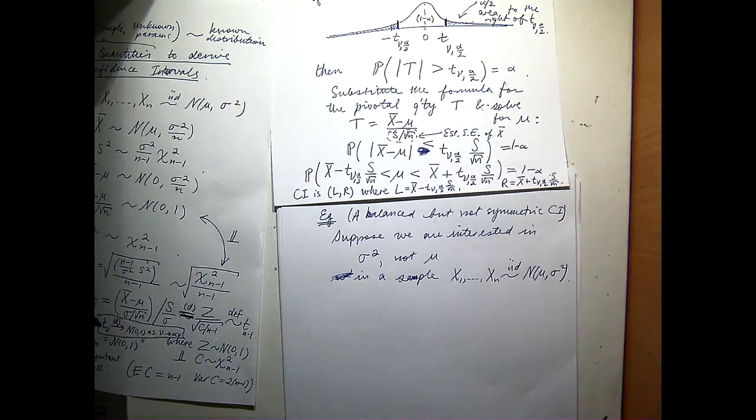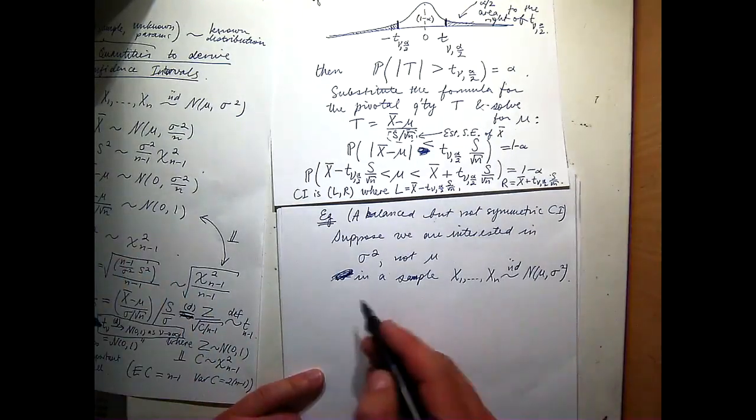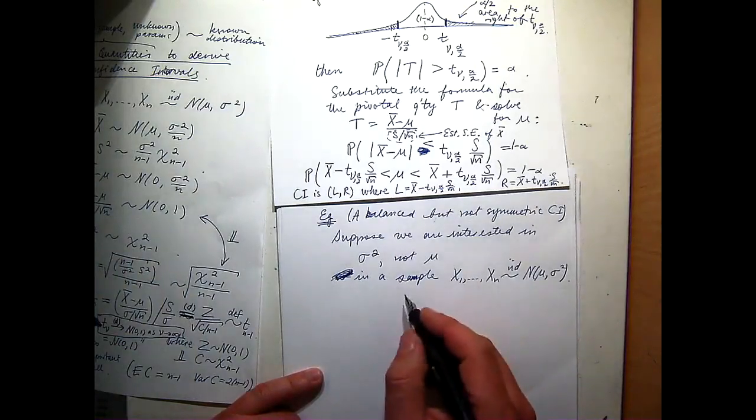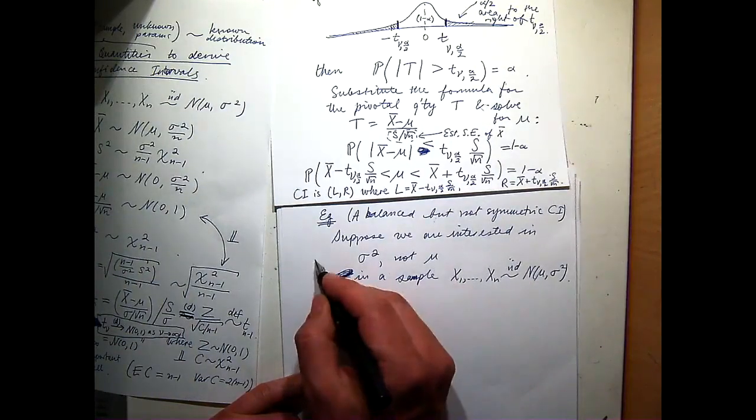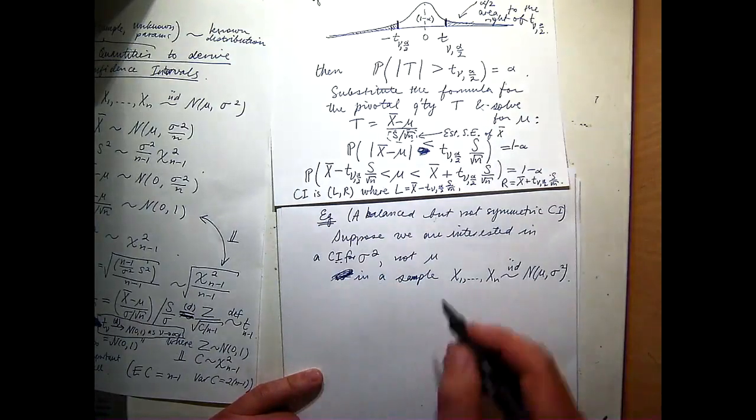There would be a variant of this that you could use if you did know the mean, and then you wouldn't have to apply some resources to guessing the mean. Here, even though we will be guessing the mean, we can still profitably ignore it, and it uses the same methodology. To be clear, we're looking for a confidence interval for sigma squared, not mu.